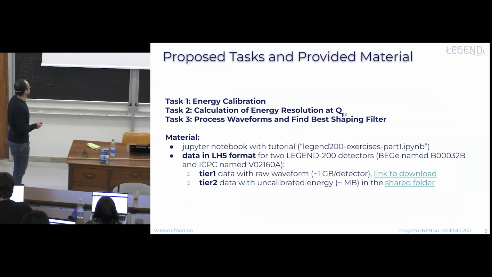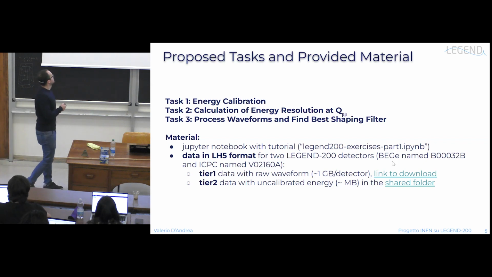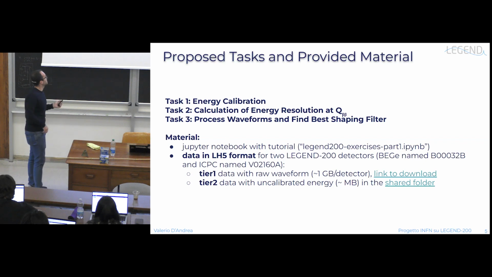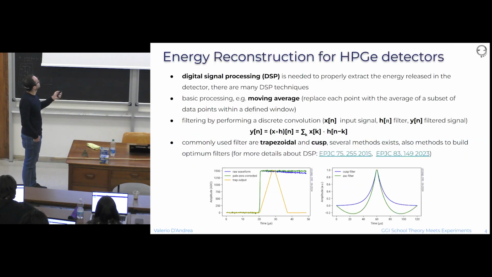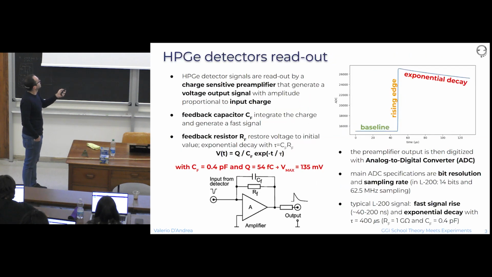I'm calling this data tier 1. Tier 1 data means the basic level, so the raw waveform, the signal. For each event, you have one signal, like the one I showed you before.